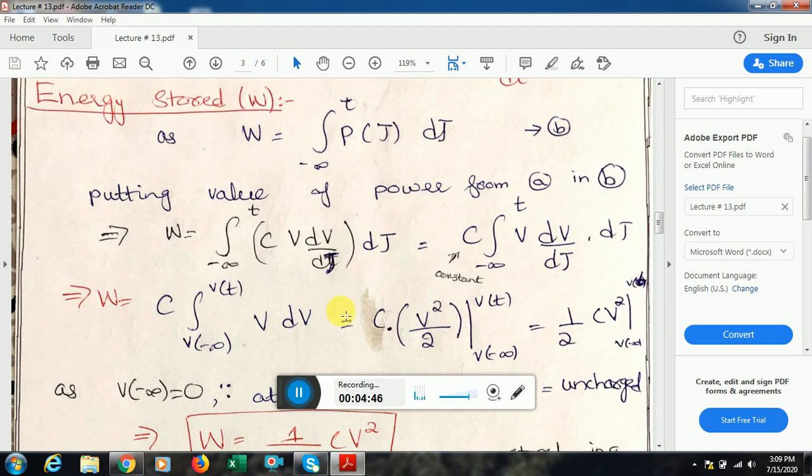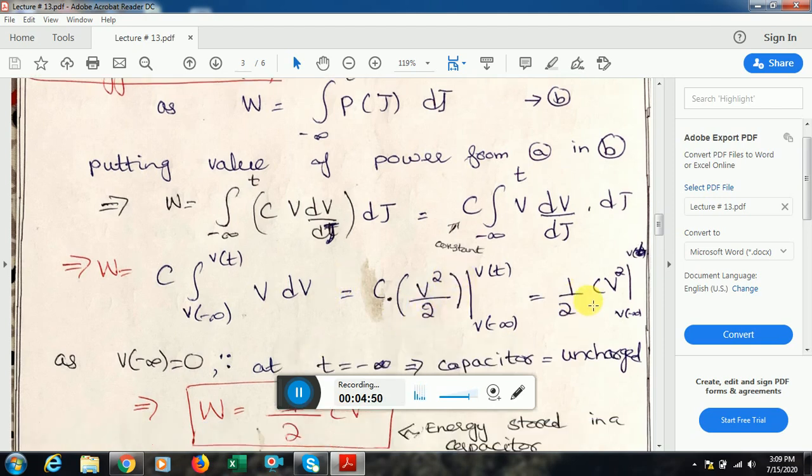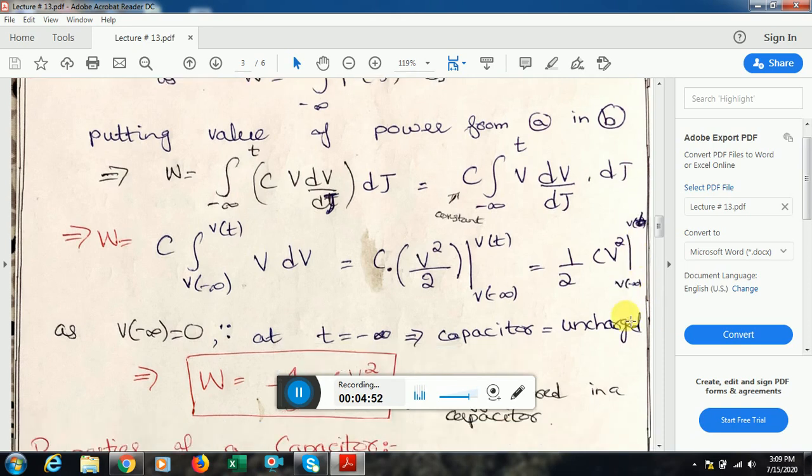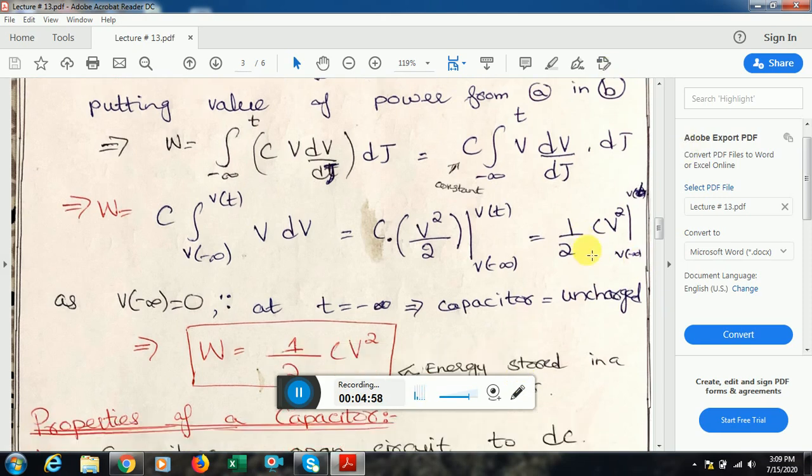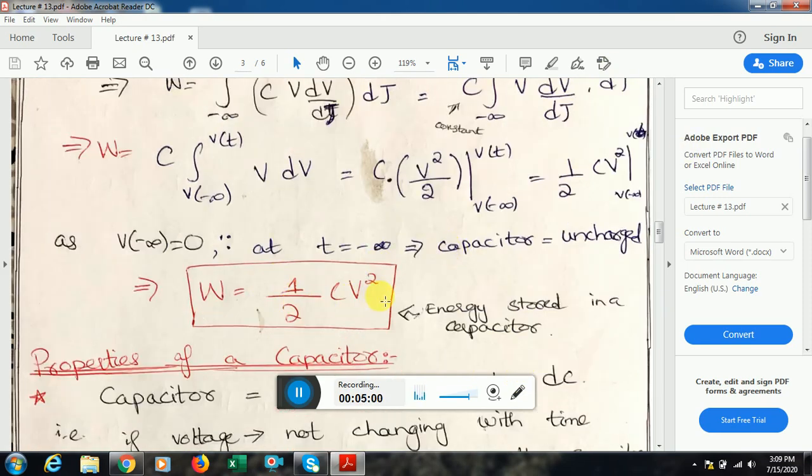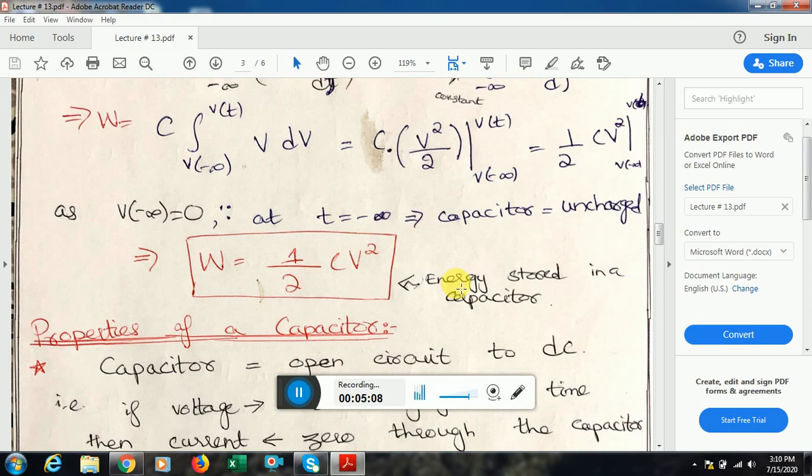So 1 plus 1 is 2, and we get 1 over 2 CV squared from minus infinity to infinity. Let's say that at minus infinity there was no charge stored in the capacitor. So it is simply 1 by 2 CV squared. Whenever we have to find the energy stored in a capacitor, we can simply use this equation and evaluate the energy stored in a capacitor at any moment.